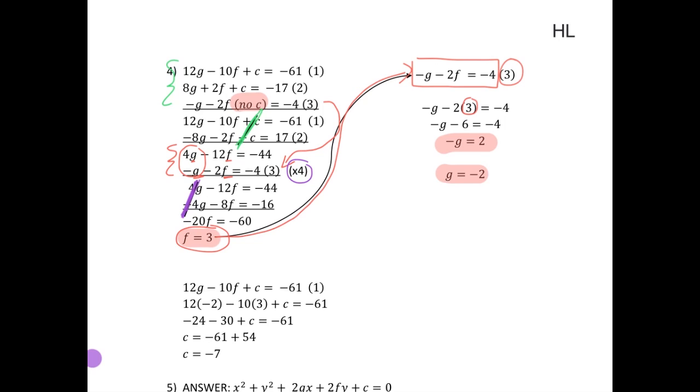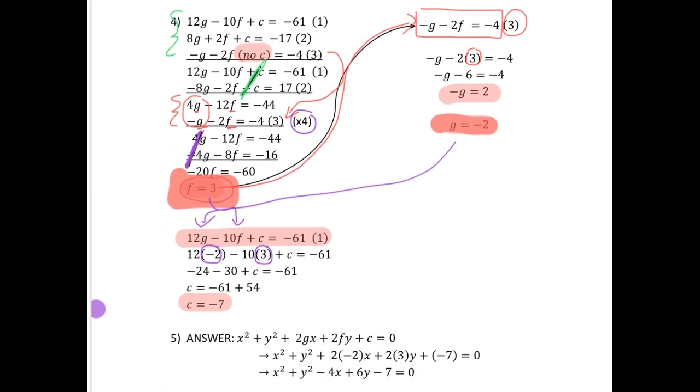So now what we have is f and g. If we take, say, equation 1, we can fill in those values of f and g into this, so g becomes minus 2, f becomes 3, and we can simplify down our expression to eventually find that c is equal to minus 7.